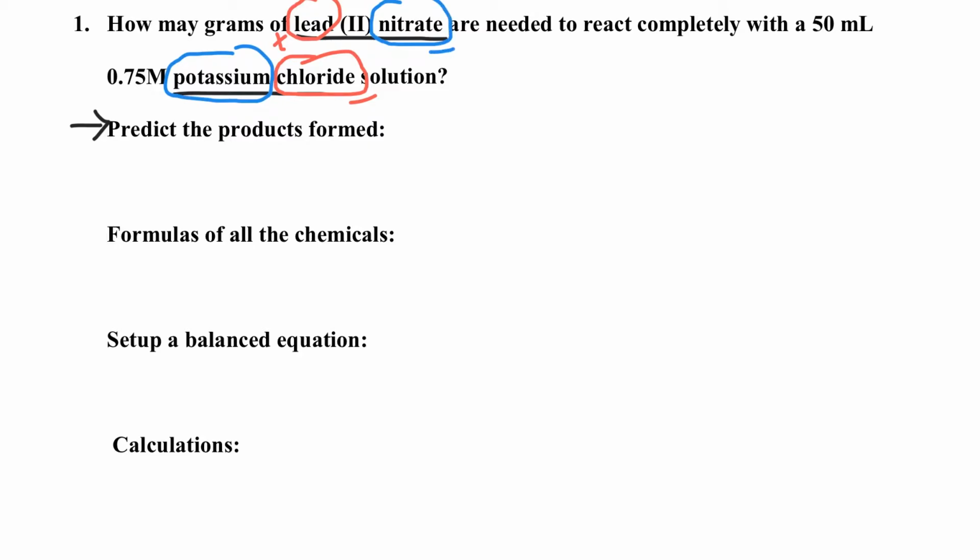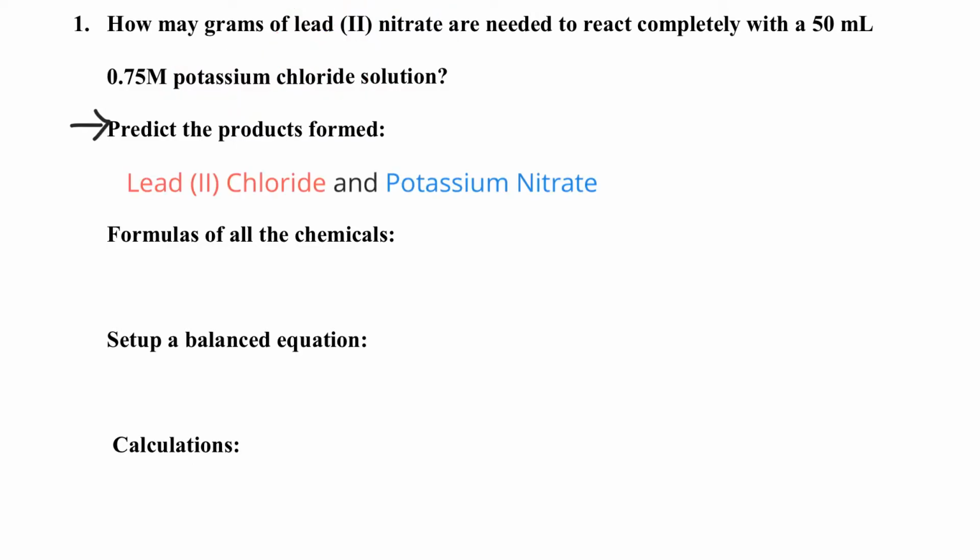All you need to do is combine them as indicated by the 2 colors. So we'll write down what the products are. There we go. Those are my 2 products, lead(II) chloride and potassium nitrate.